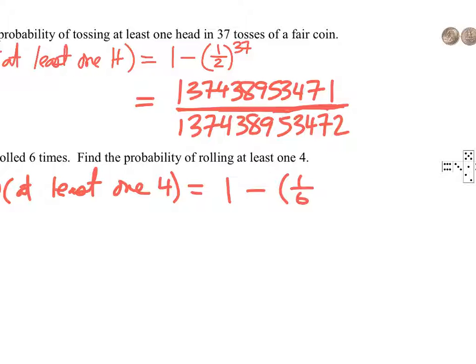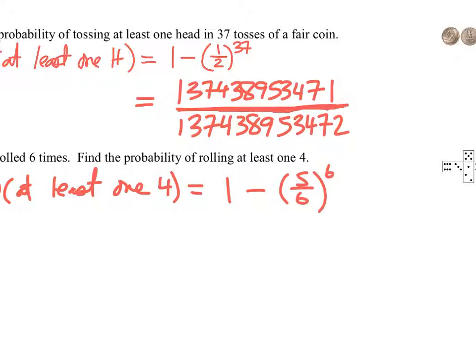But we want everything but that number. So the probability of not getting a 4 would be 5 out of 6. I want that to happen 6 times. So 5/6 to the 6th. Subtract it from 1 and you have it.